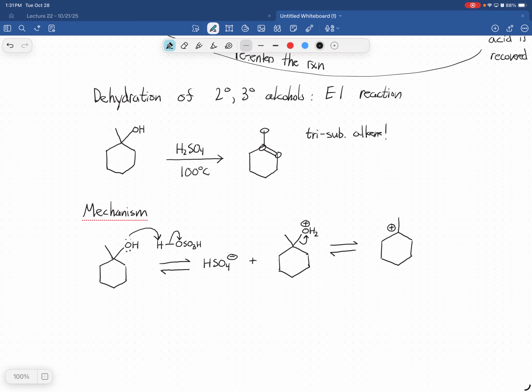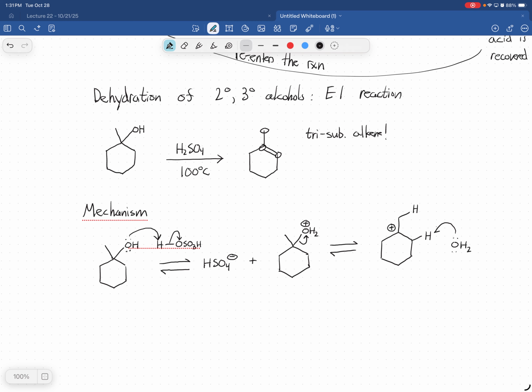So what happens here is that there are a few ways you can eliminate, okay? So you have two options here. But if you let this reaction cook and heat up a bit, it will eventually equilibrate to the more stable alkene, the tri-substituted one. You could use water, or you could use another molecule of the alcohol, but let's just use water because that's a lot simpler.